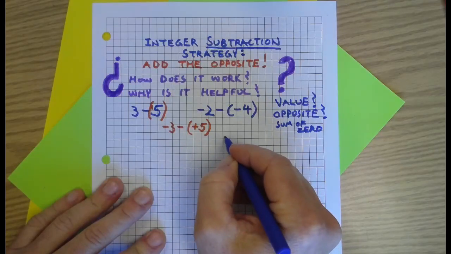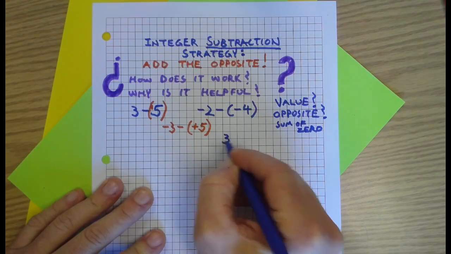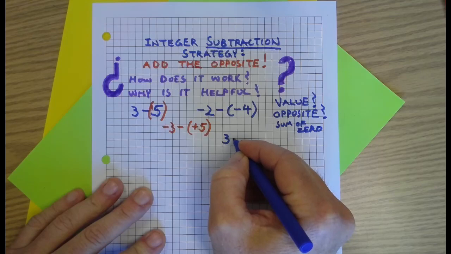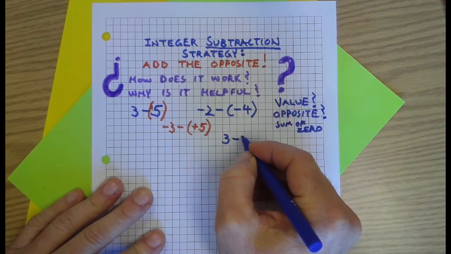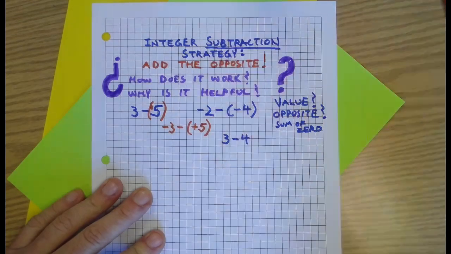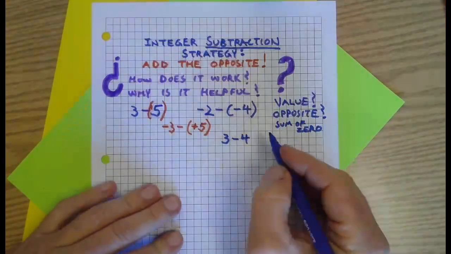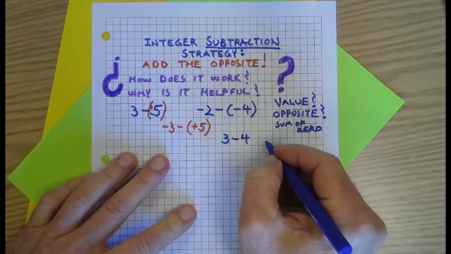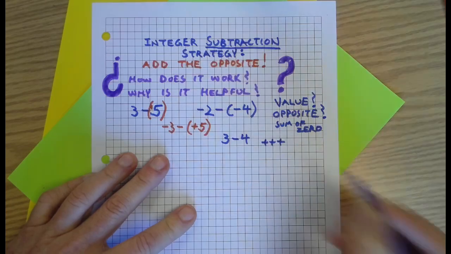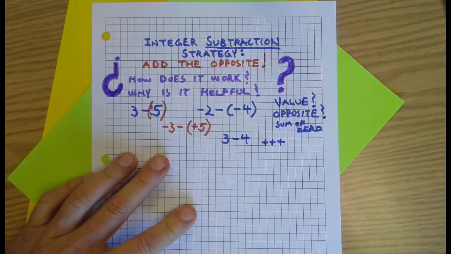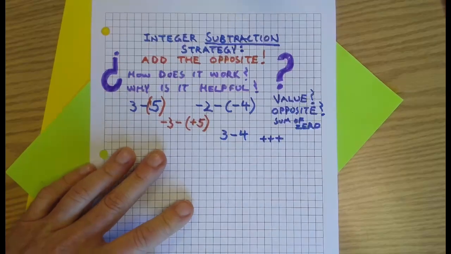Let's take a problem like positive 3 take away positive 4. Now if I use an integer tile drawing, I get positive 3, but I cannot take away positive 4.